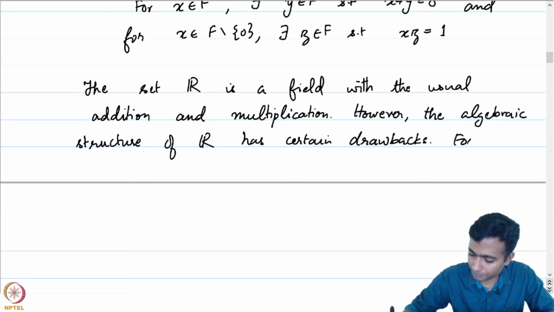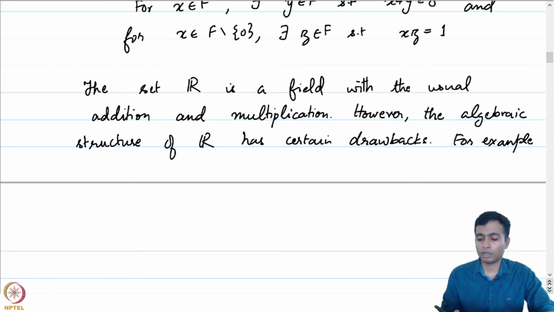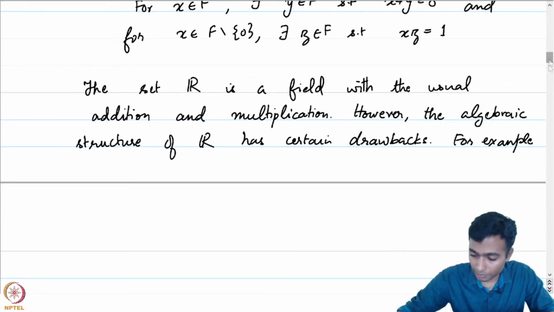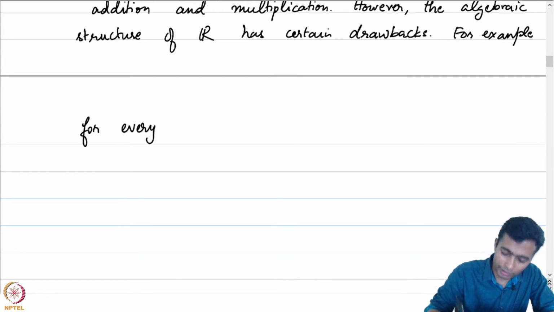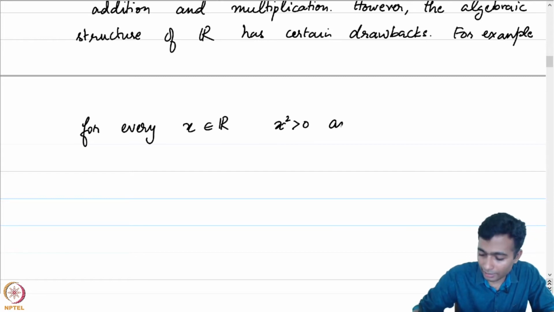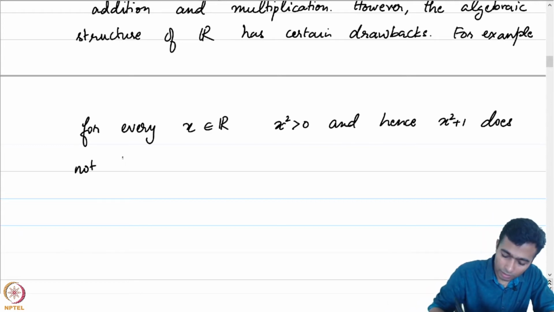For example, all polynomials need not have roots in the field of real numbers. So, for example, for every x in R, x square is positive, and hence x square plus 1 does not have, this polynomial does not have a root in R.